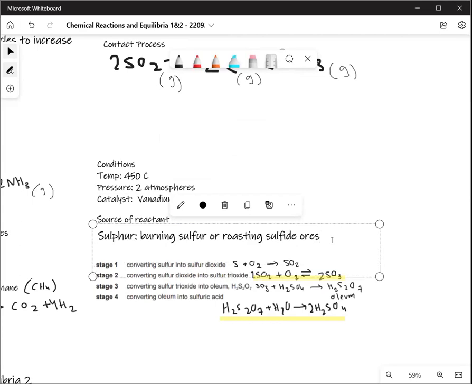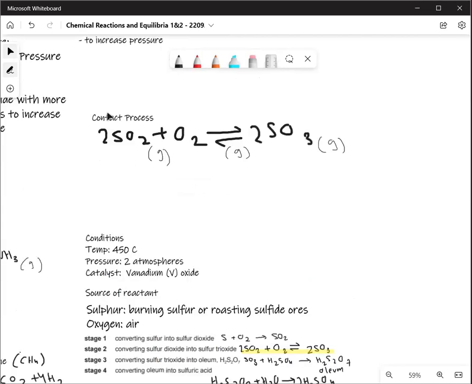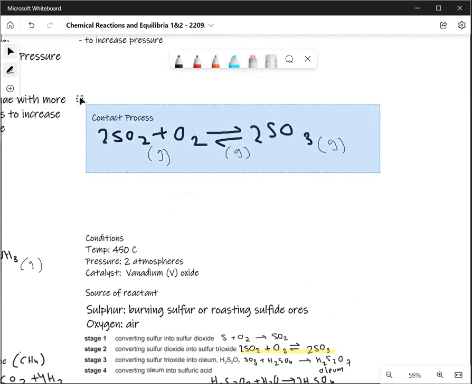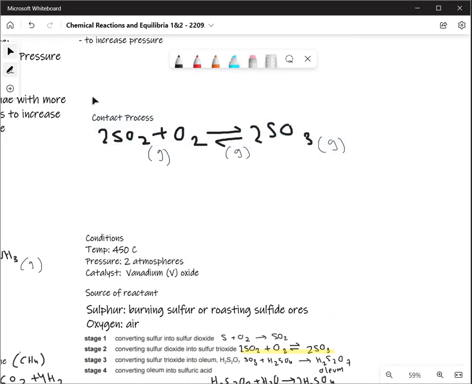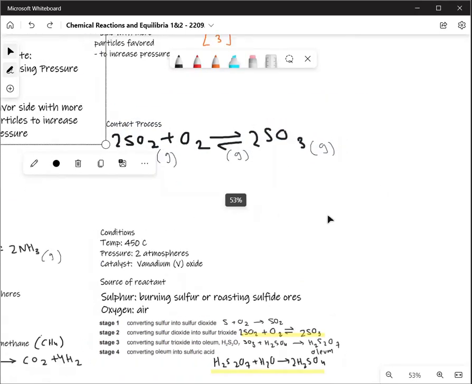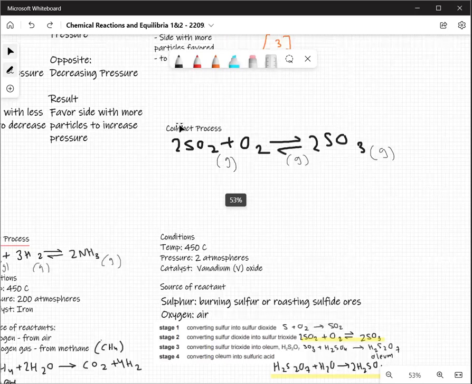Now for oxygen, we have air. That's everything you need for contact process in the exam. Well, everything you need to memorize, and the understanding part, we'll look at it in a second.